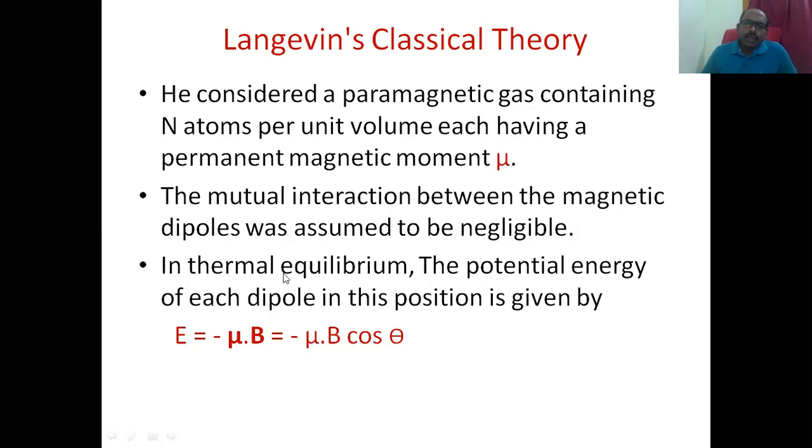As a result, at thermal equilibrium, they make some angle with the field direction. All the magnetic moments may not exactly align in the field direction because of thermal resistance. They may not come along the field direction, and they make some angle with it.